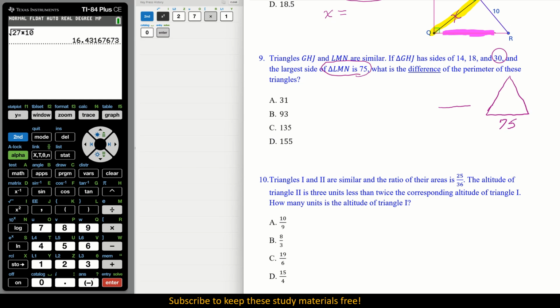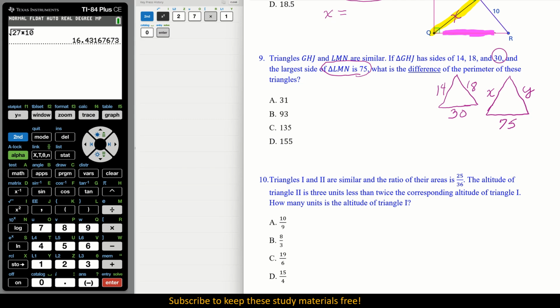Because I wrote 75 there, I have to write 30 here. Then I can populate my other sides. Now I'm going to call this side X and then this side Y. Now I can use my proportional relationships to find everything I need.